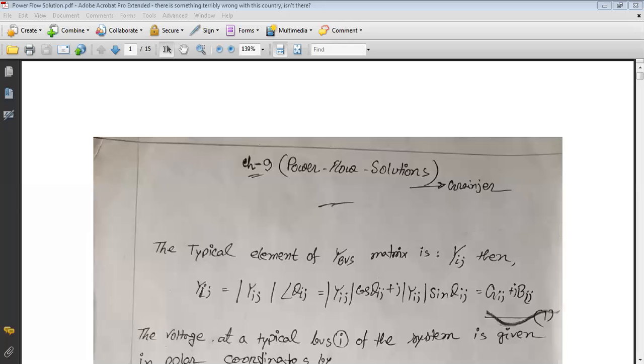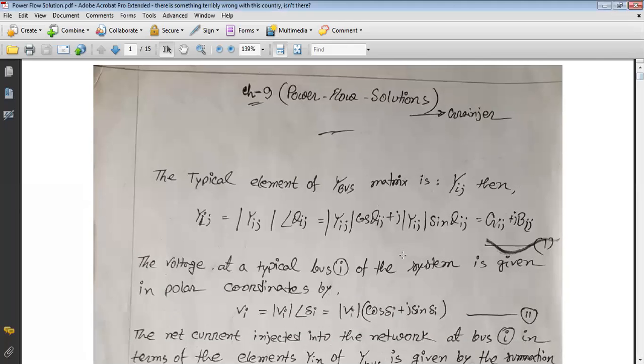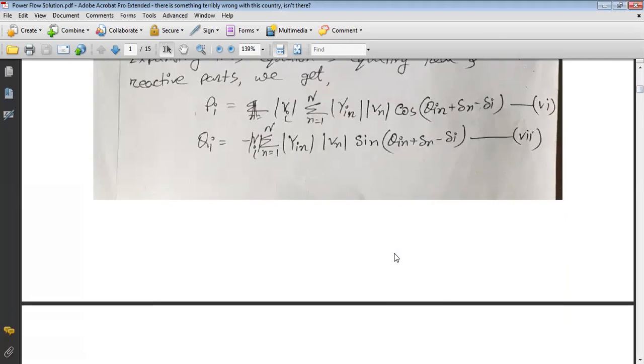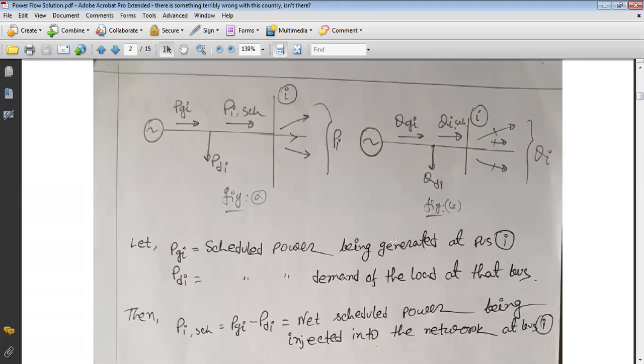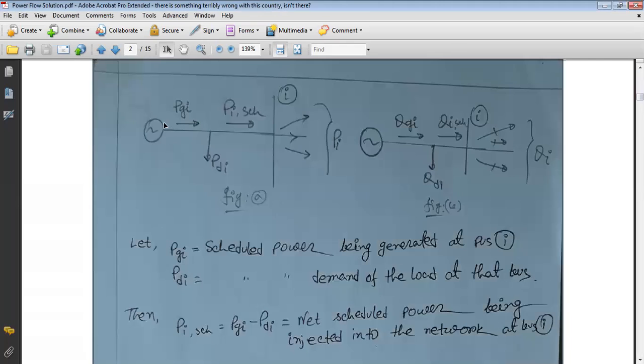So in this lecture, at first we have to know something: if this is a synchronous generator or alternator, then it can produce power, and this power will be delivered to the connected bus.